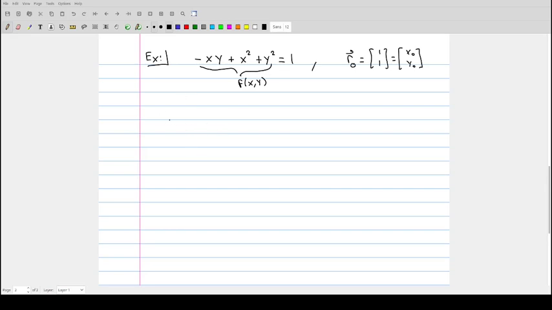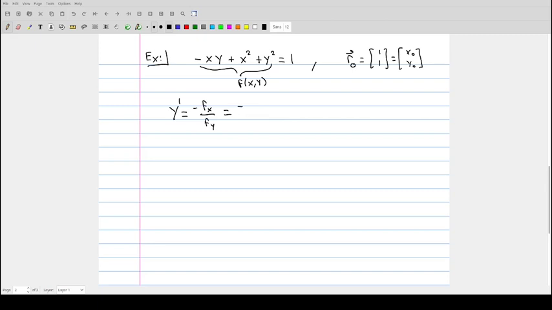So you could go through using calculus 1 and do implicit differentiation, but I think it's much simpler to use the formula that we just derived, which is that y prime is equal to negative f_x over f_y, as long as f_y is non-zero.